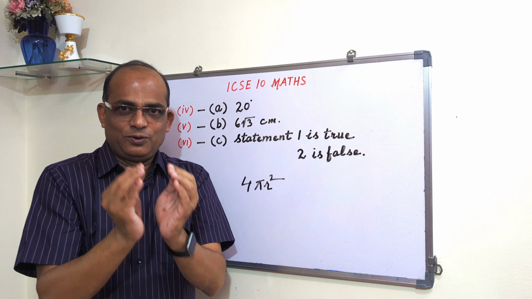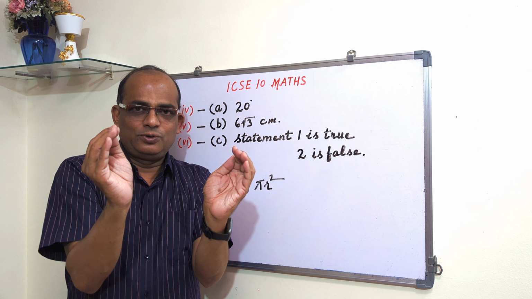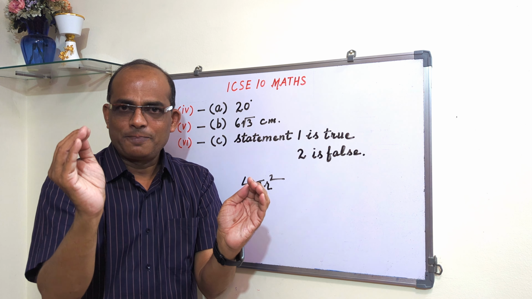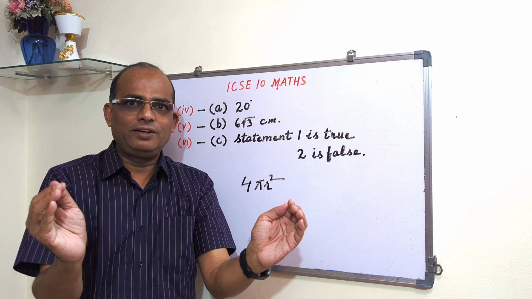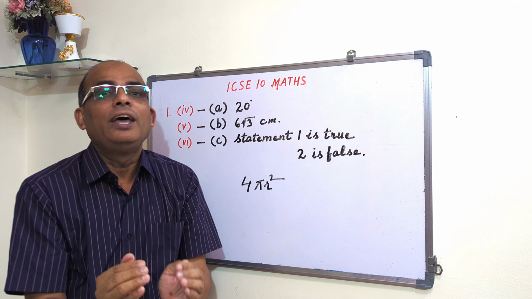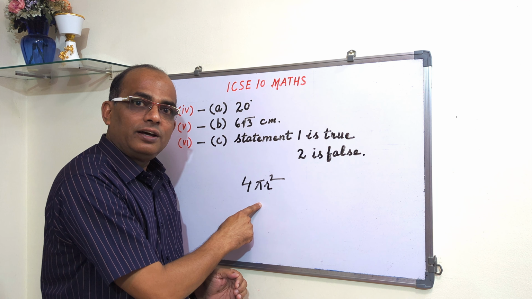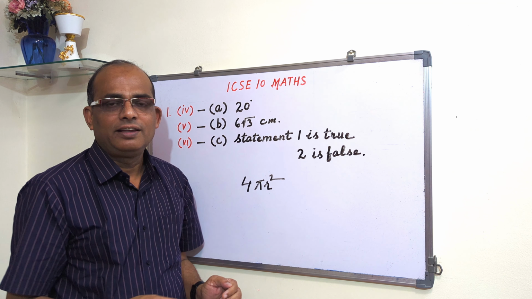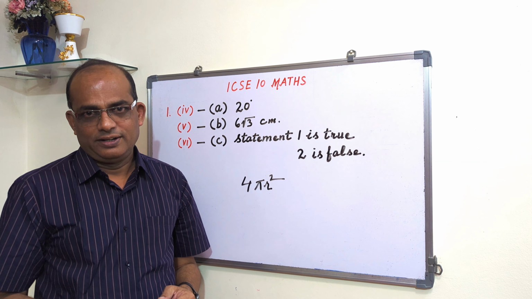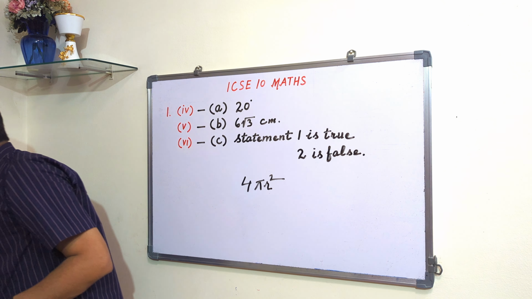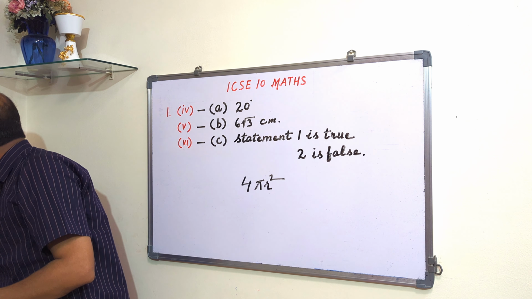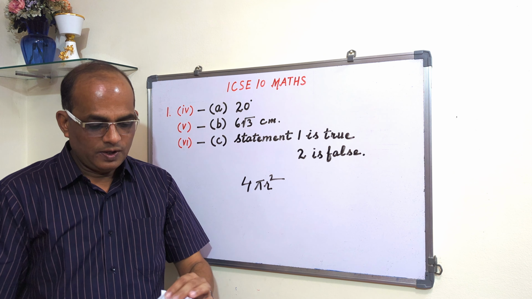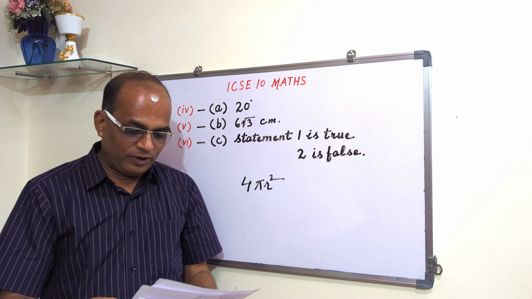So now, for the two separate identical hemispheres, this is 3 pi r square and this is 3 pi r square. When you add the two, you get 6 pi r square. Whereas the original sphere, when it is not cut into two identical pieces, has a surface area of 4 pi r square. So that means statement 1 is true.